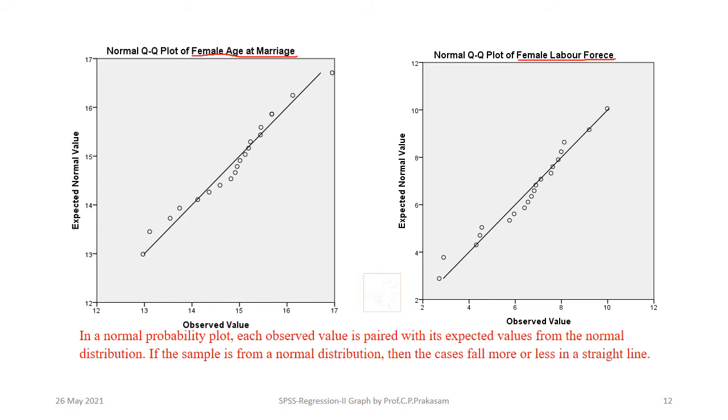If you look at the female age at marriage, the dots are more or less closer to the line which is drawn in between. That is the normal distribution line. Like that, even for the female labor force participation, you will get the dots more or less closer. From that we can understand that the distribution is normal.